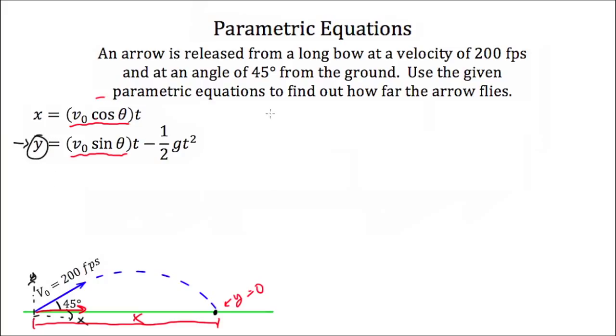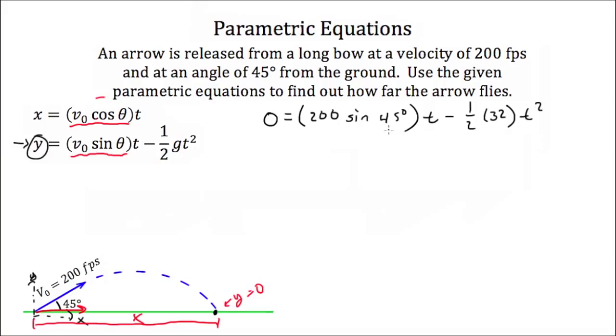So I'll have 0 is equal to, now v naught is 200 times the sine of 45 degrees, and then times t, and then minus 1/2 g. Now g is the acceleration due to gravity, and since we're dealing in feet, this is equal to 32 feet per second squared. But we'll just put 32 in there for now, and then times t squared.